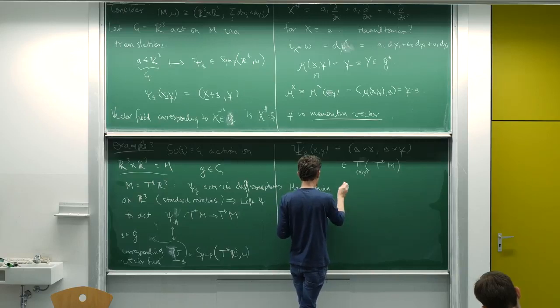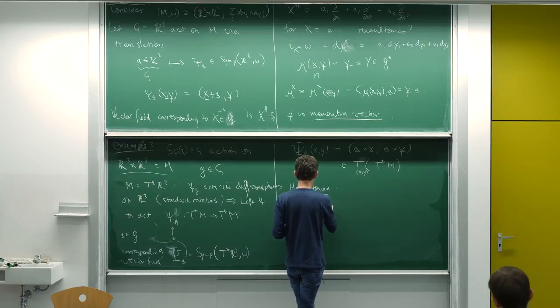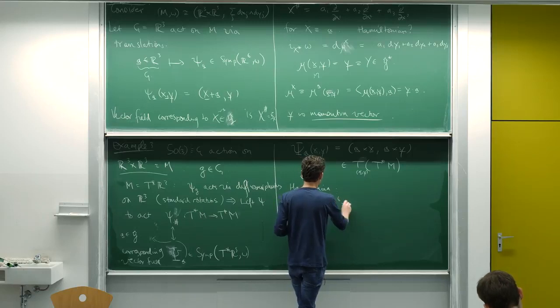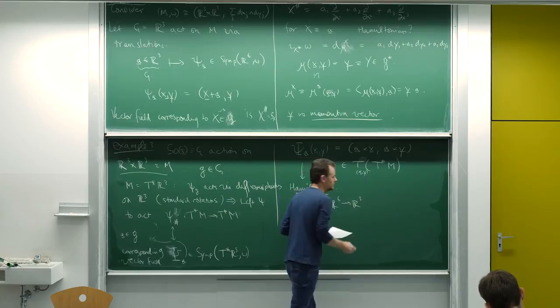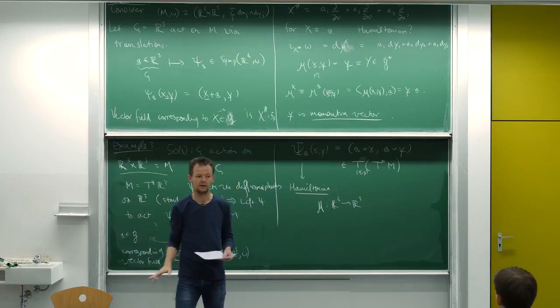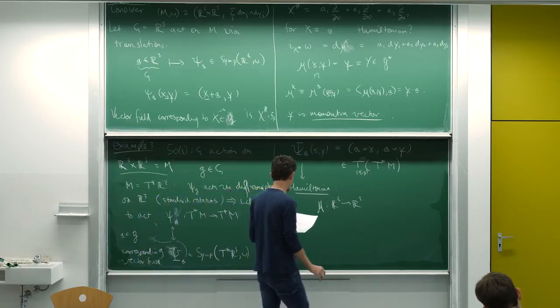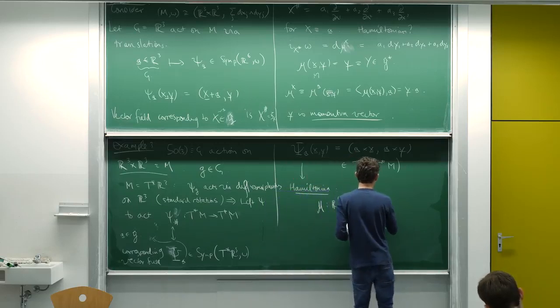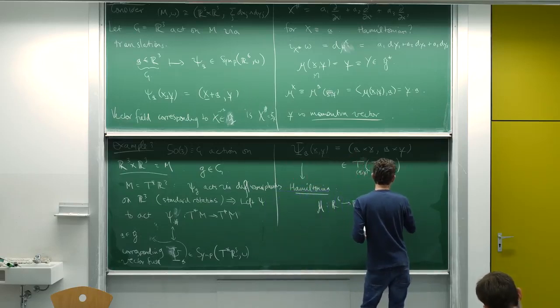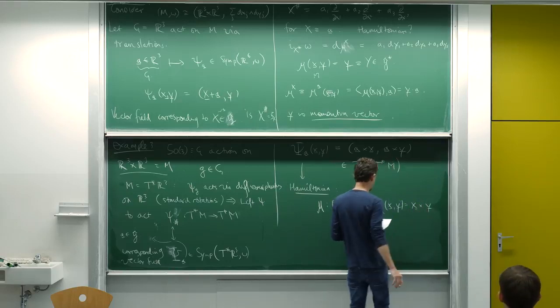And the corresponding moment map goes from R6 to R3, right? At every point in our phase space, we need an element of the Lie algebra. And it has the following formula. So when you evaluate it at xy, you get the cross product of x and y.